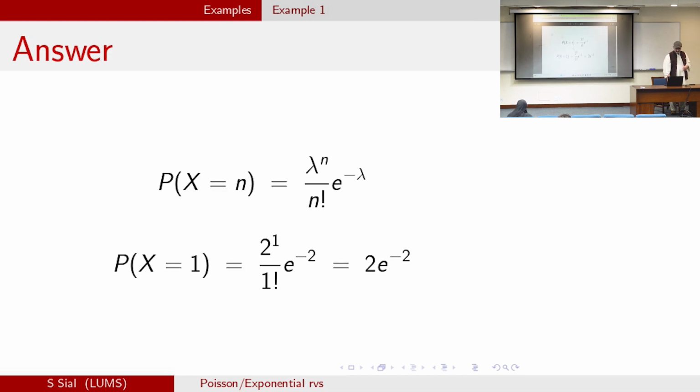So once again, the probability that X equals n is equal to the expected number to the n over n factorial, e to the minus expectation.